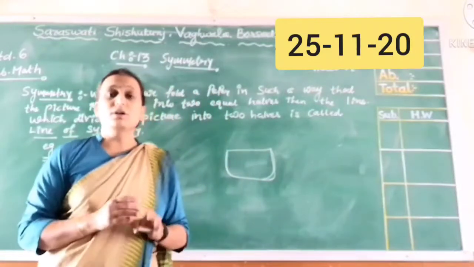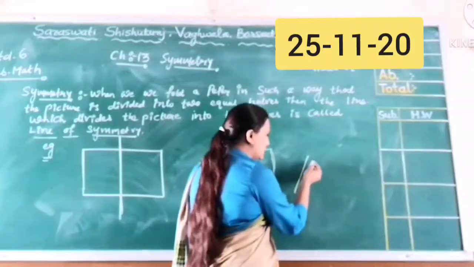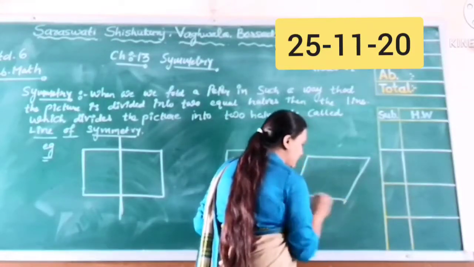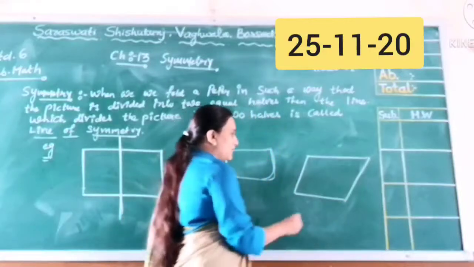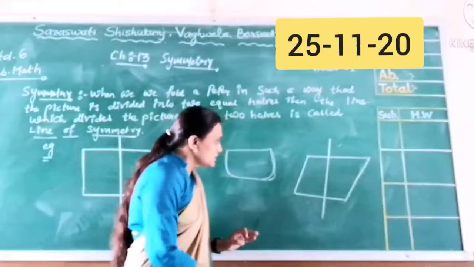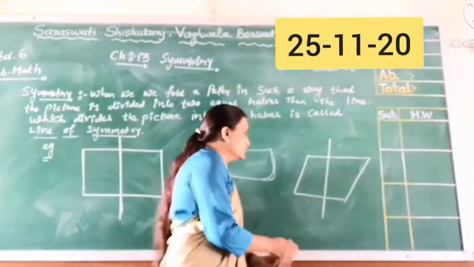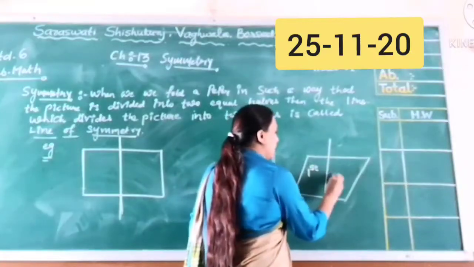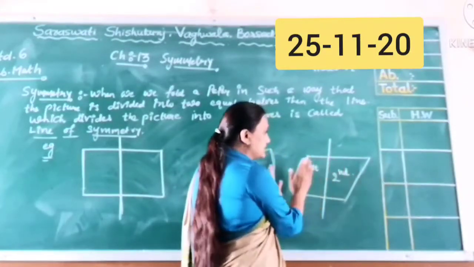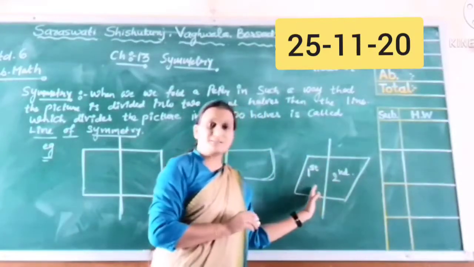Then what about a non-symmetrical figure? Let us understand it with one figure. Suppose this is a parallelogram, and let us divide the parallelogram. We are going to draw one line. You can see that both parts are different. This is the first part and this is the second part. If you fold the first and second part, you are not able to find both parts equal.